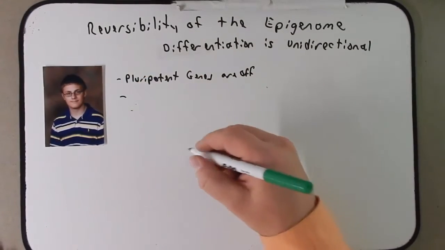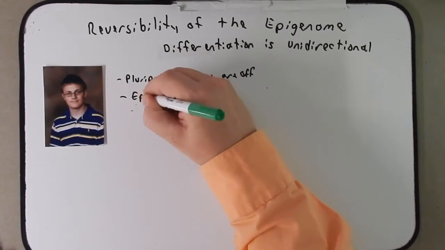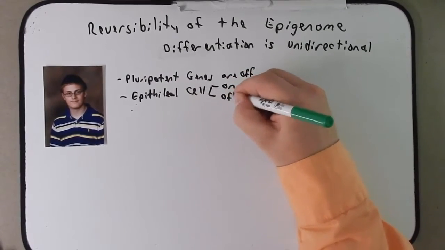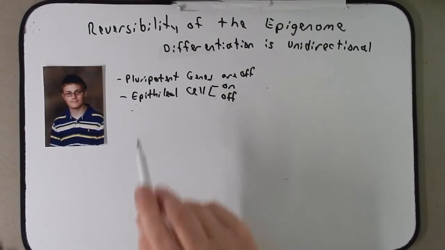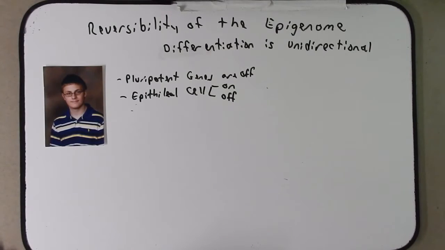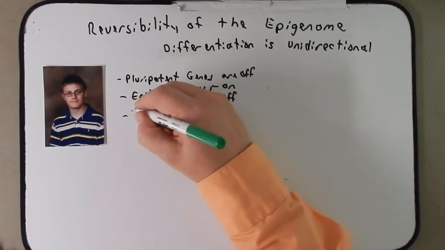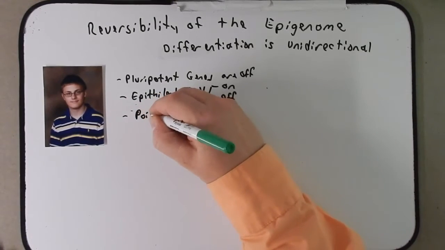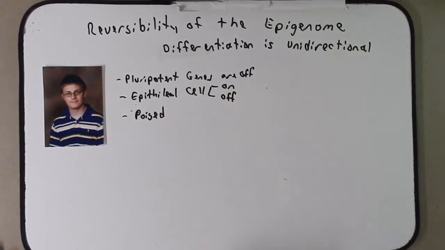If you were to take, say, an epithelial cell from him, there's going to be some genes on and off to perform the specific functions of only the epithelial cell. You'll also have another subset of genes that are poised. They're ready to be turned on if necessary. These might be genes needed for DNA repair.